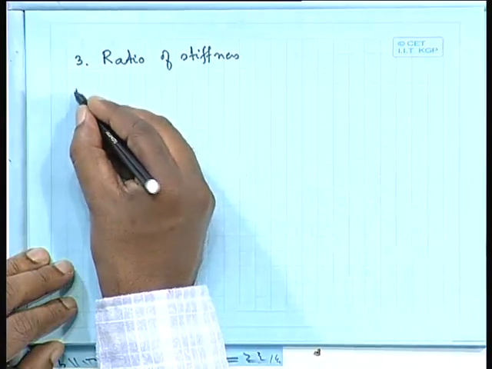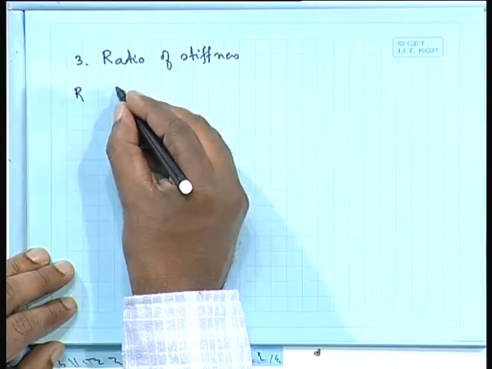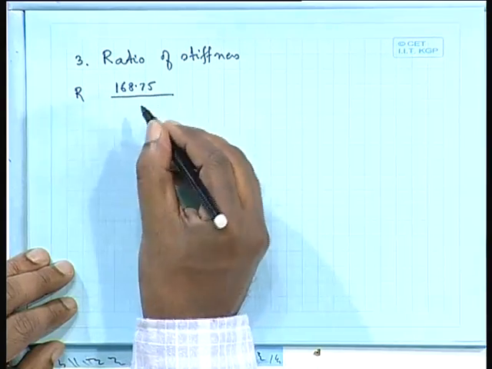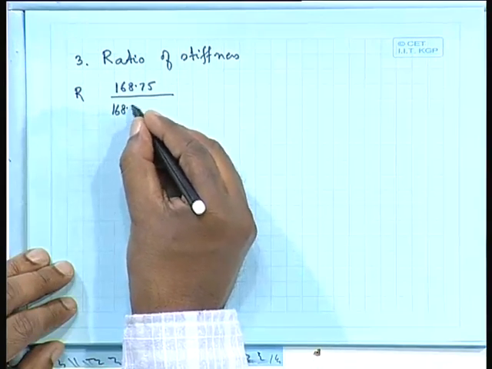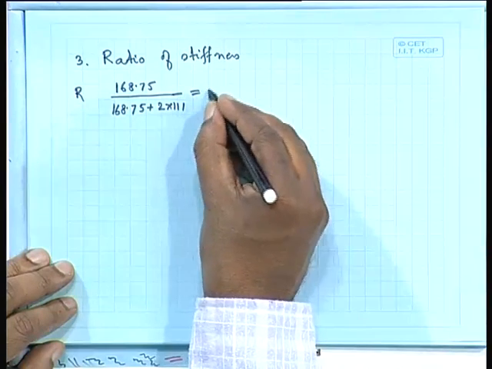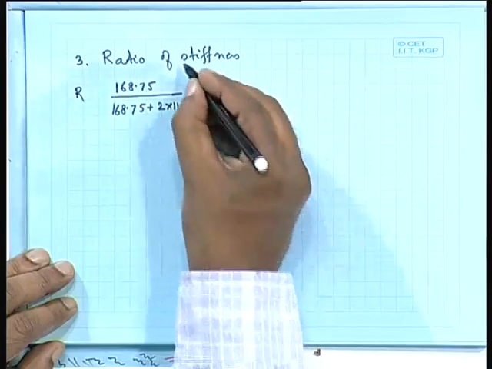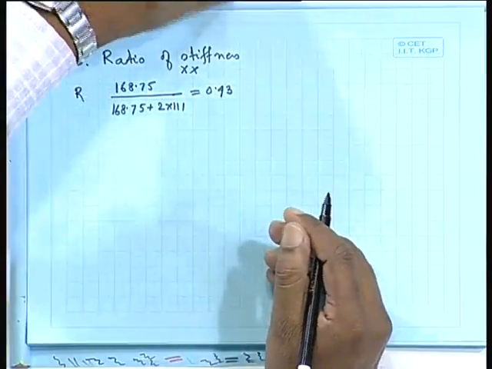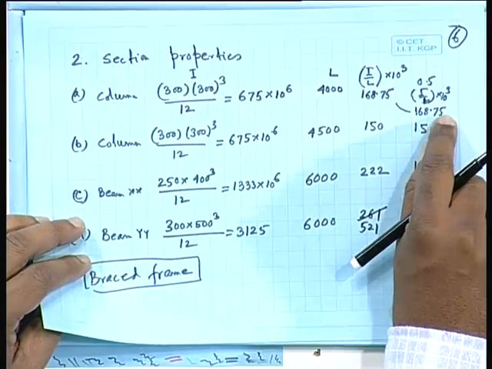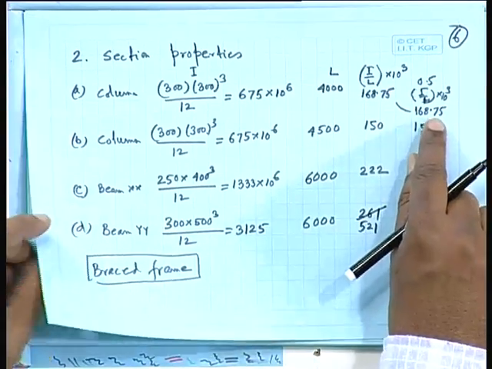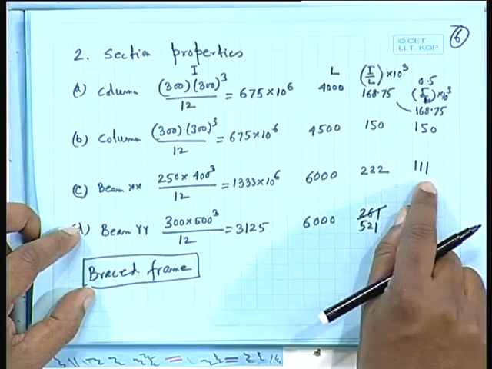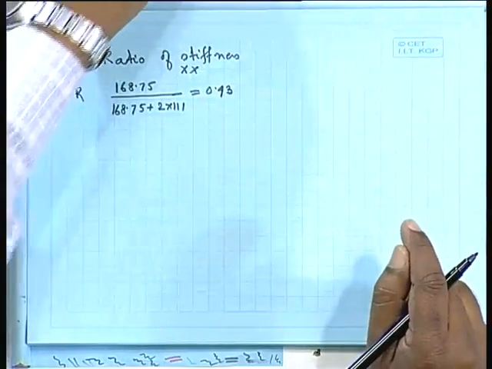So, top one is roof, 168.75 divided by 168.75 plus 2 into 111, that is the beam, which comes as 0.43, that is XX. Please note, we have taken here 168.75, and that beam we are having here along X we are talking, so 2 into 111. So, one case we are considering here.